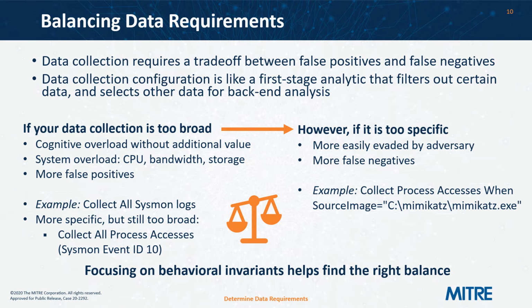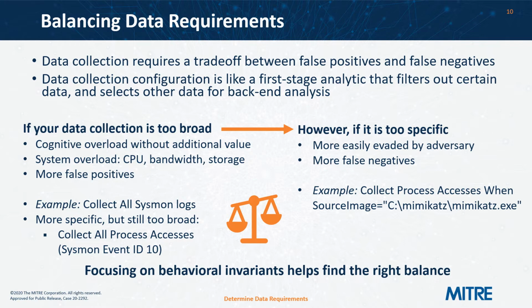Although we typically think about precision and recall in the context of analysis and specific analytics, it's also a factor in data collection. Essentially, configuring a sensor is like creating a first-stage analytic. The configuration ends up filtering out some data while sending the rest to the analytic platform.